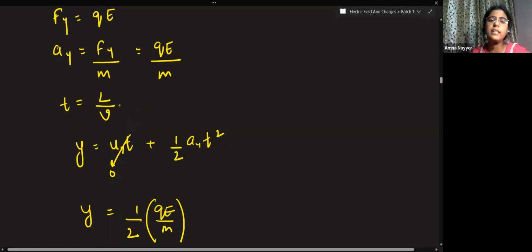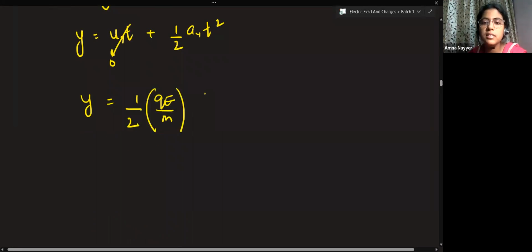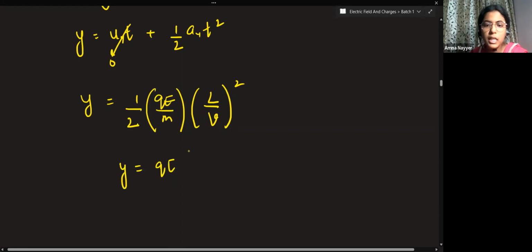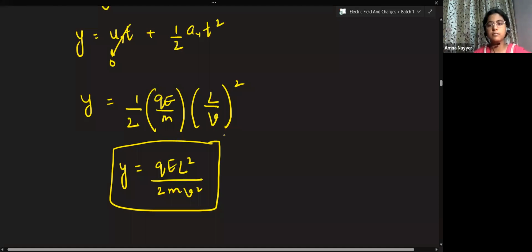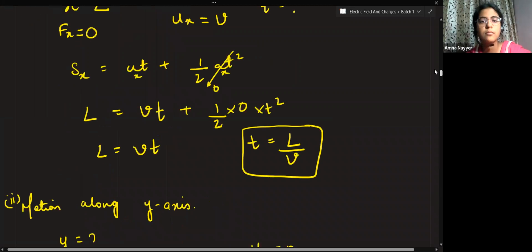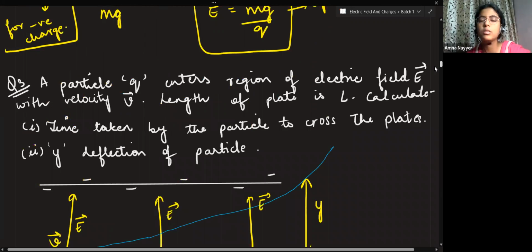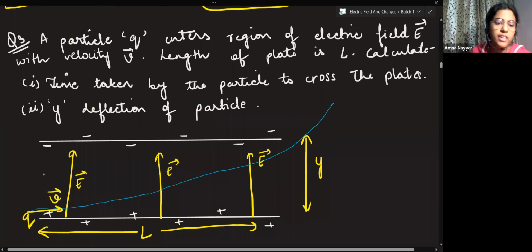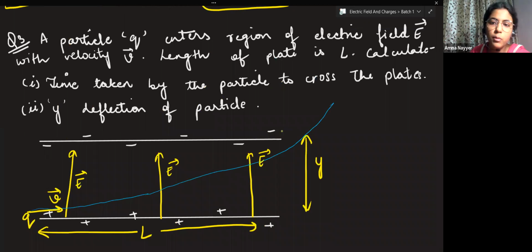T is L divided by V. So t square will be L divided by V whole square. So y will be equal to QEL square divided by 2MV square. This is the deflection. Clear? Just note down this question as well. If anyone wants me to repeat, just let me know. I'll repeat it once more.